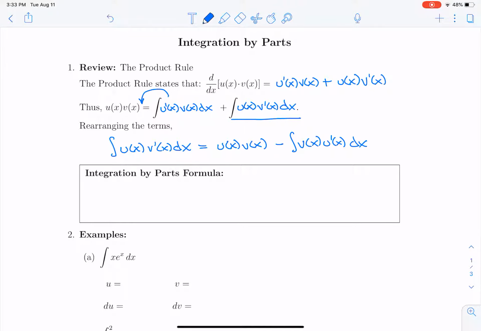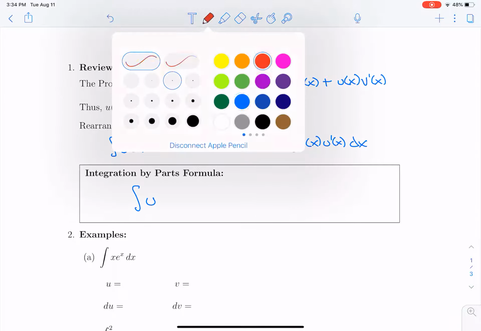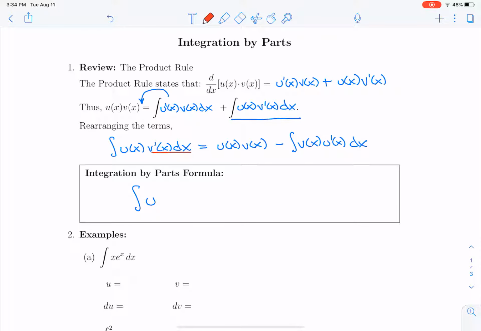Okay, so this is going to be written as the integral of u, and then we rewrite v prime of x dx by thinking about v prime of x as being dv dx times dx. A lot of times they like to pretend that the dx's cancel. They don't actually cancel, but they like to pretend that they do.